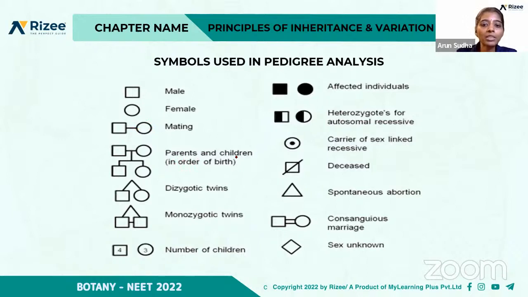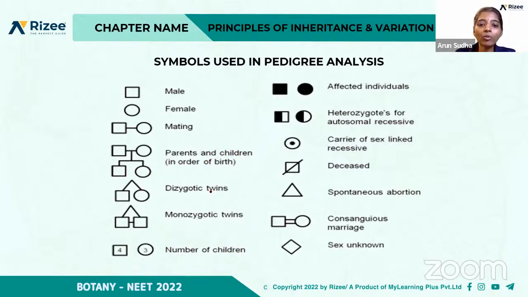Parents and children are shown in order of birth. As a result of mating, here a son and a daughter. The son is represented first and then the daughter.